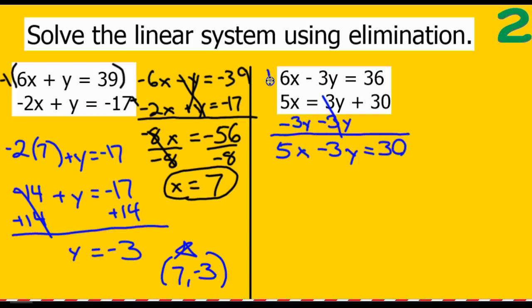So if this was equation 1 and this was equation 2, this is now equation 2, but now we've got to bring down equation 1 so we can see them lined up. So we have 6x minus 3y equals 30.